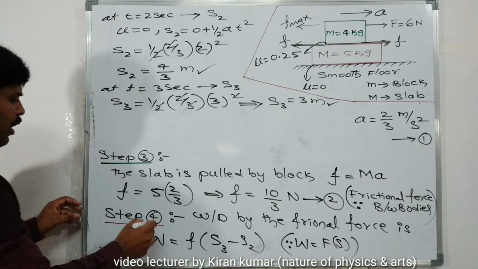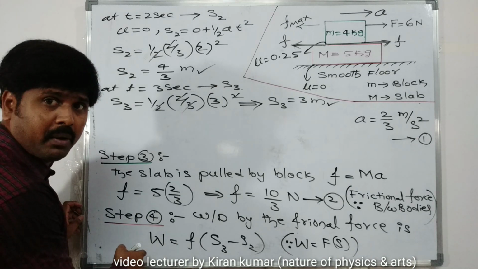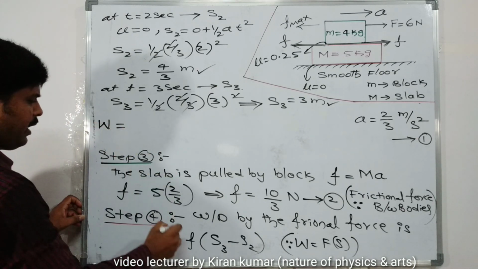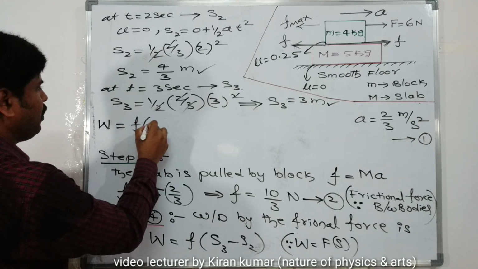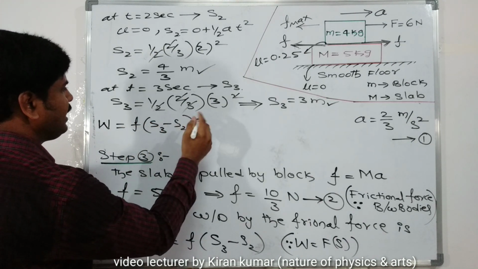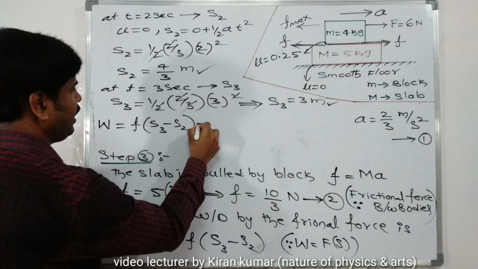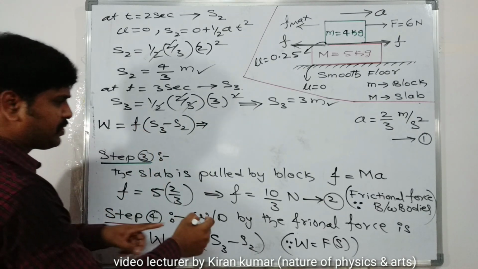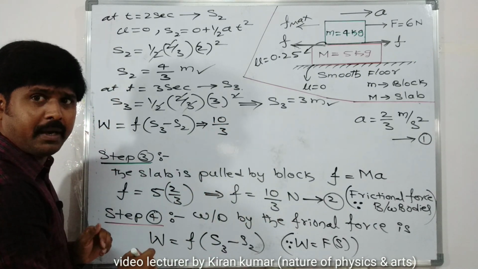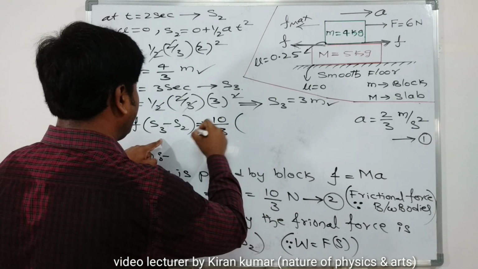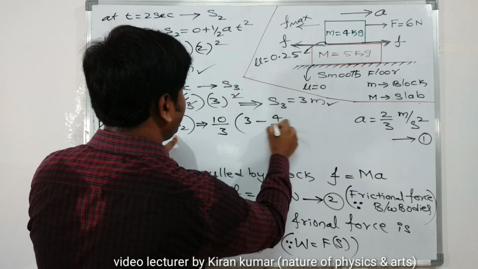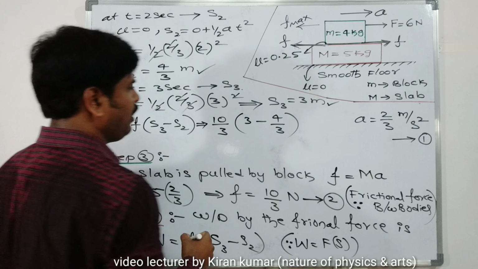Now, continuation of step 4. W is equal to frictional force into S3 minus S2. For this, the F value, the frictional force, is 10 divided by 3, and the S3 value is 3 and the S2 value is 4 divided by 3.